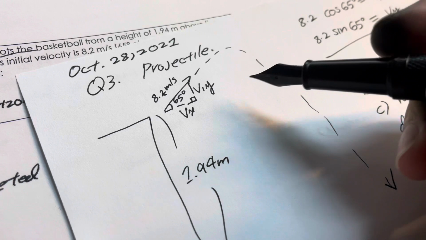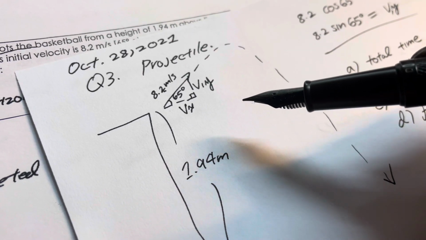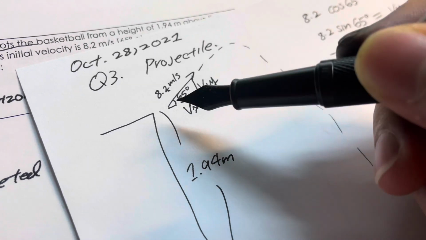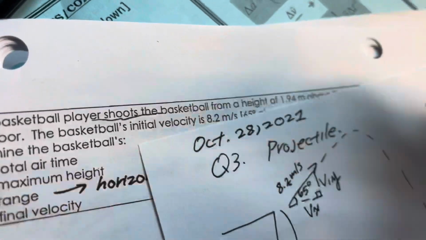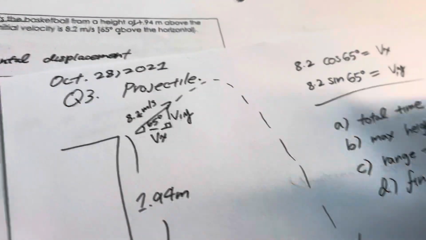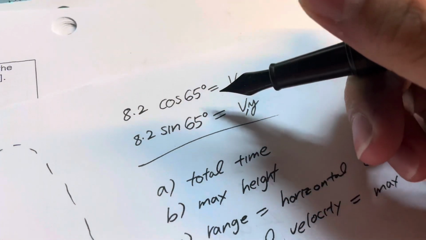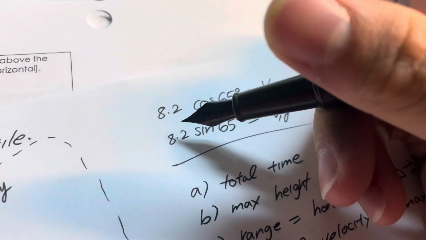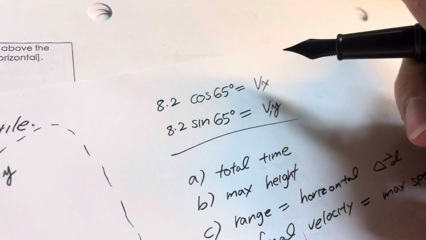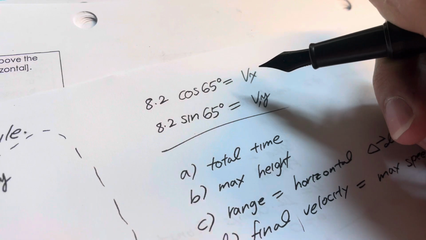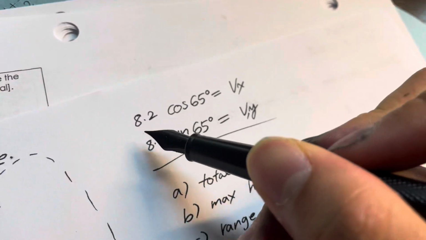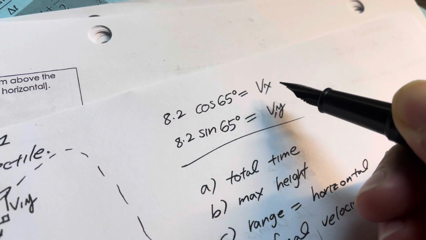So that's the reason why cosine 65 equals Vx over hypotenuse 8.2. It's given in the question, and there's the angle. So think about it. If cosine 65 equals Vx over 8.2, then if you multiply 8.2 to both sides, the 8.2 cancels out on this side, and then it becomes 8.2 cosine 65 equals Vx.